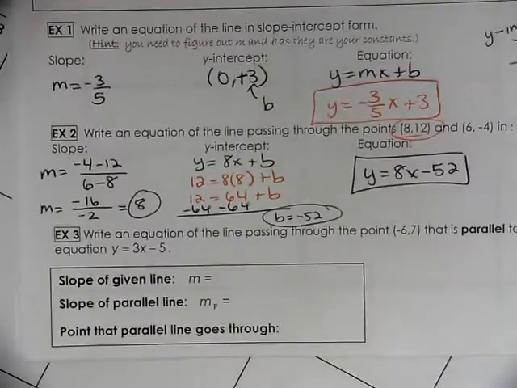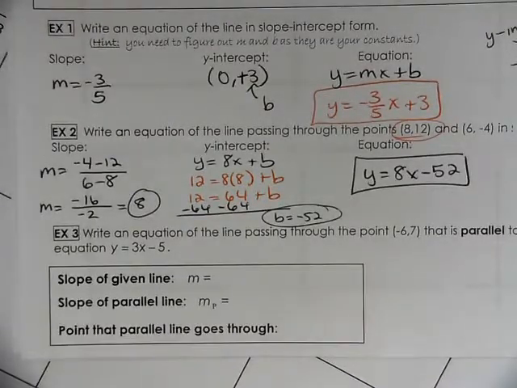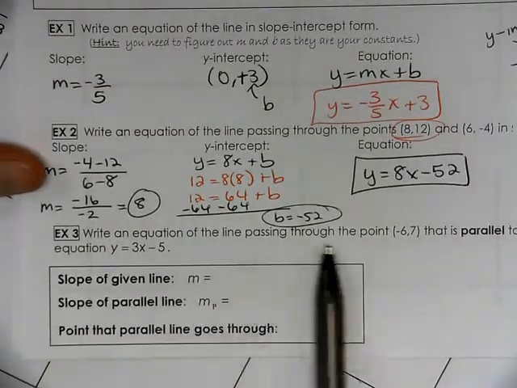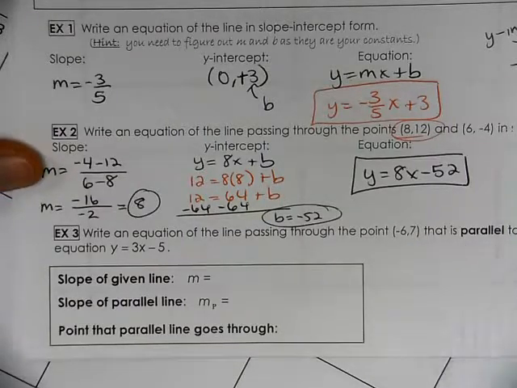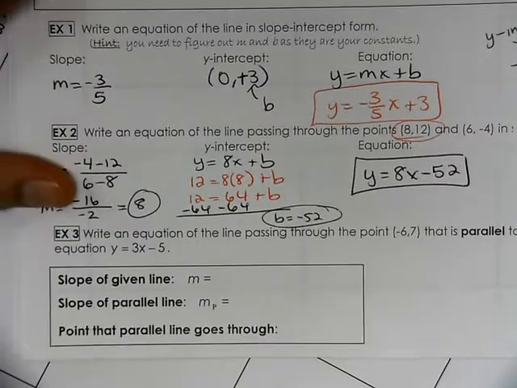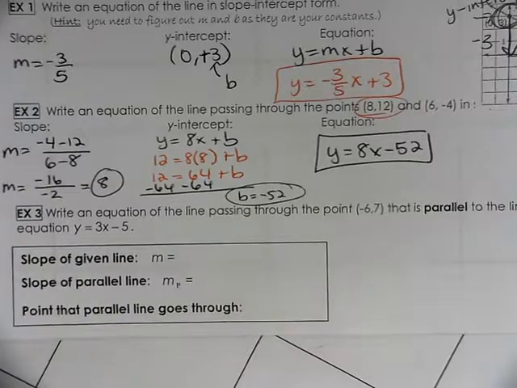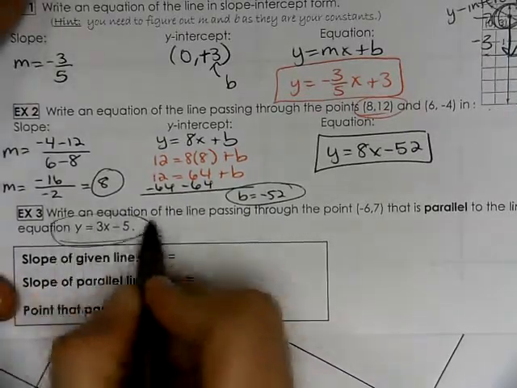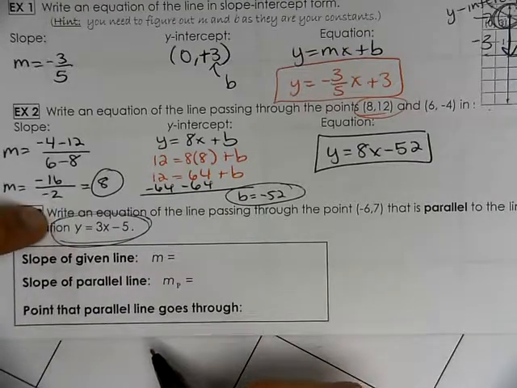Example 3, I will tell you, was an SAT question for the juniors. Write the equation of a line passing through the point negative 6, 7 that is parallel to the line with the equation y equals 3x minus 5. The first thing you have to figure out is the slope. You have to use this line to figure out the slope. What's the slope of this line?